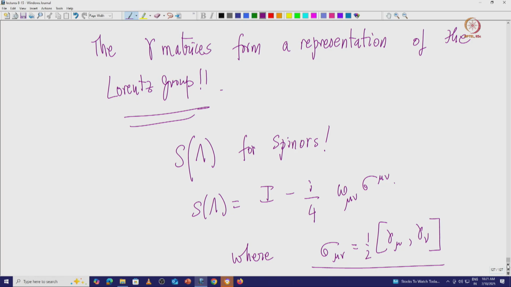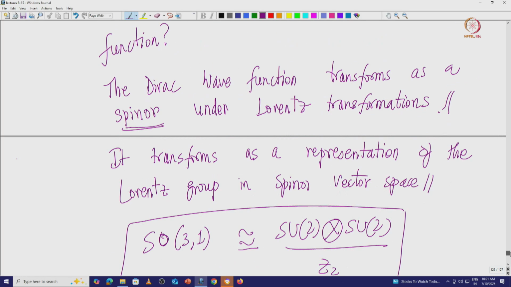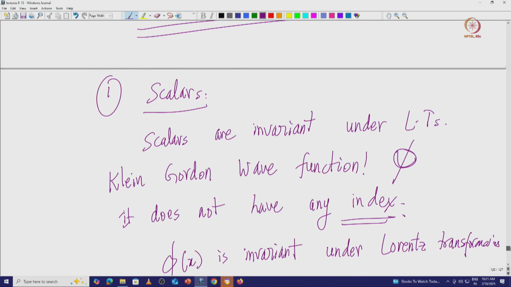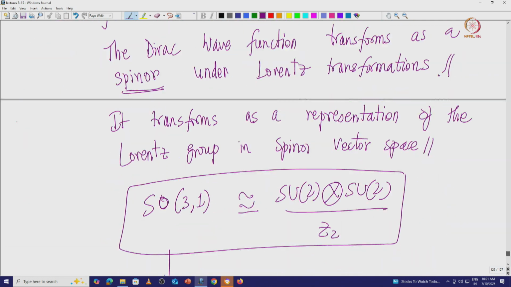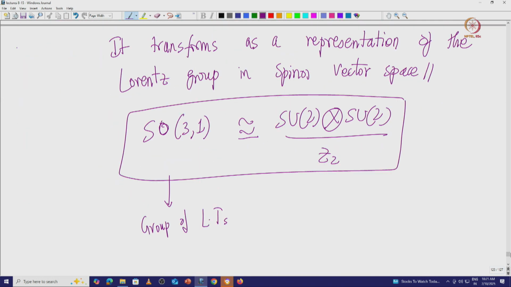Essentially, it transforms as a representation. And what I tried to show you is how the gamma matrices would form a representation, because of the isomorphism between the Lorentz group and SU2 times SU2 essentially.